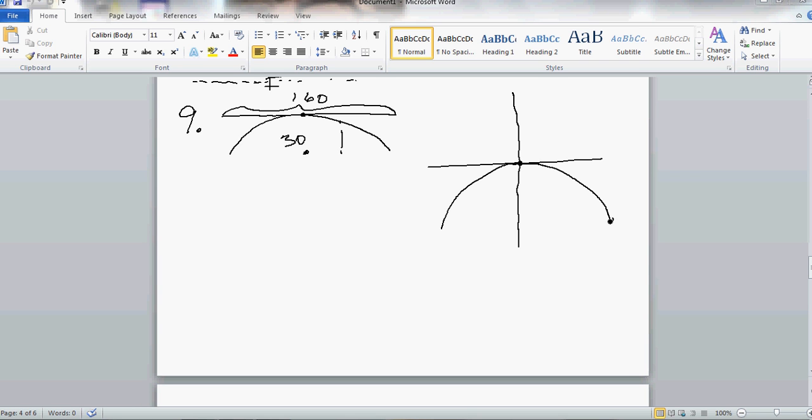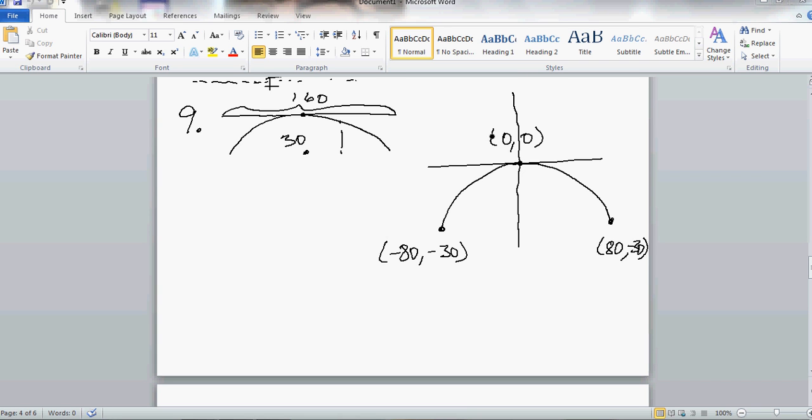Since the span is 160, this would be the point (80, -30), since it goes down 30. Likewise, this would be the point (-80, -30), and this would be the point (0, 0).